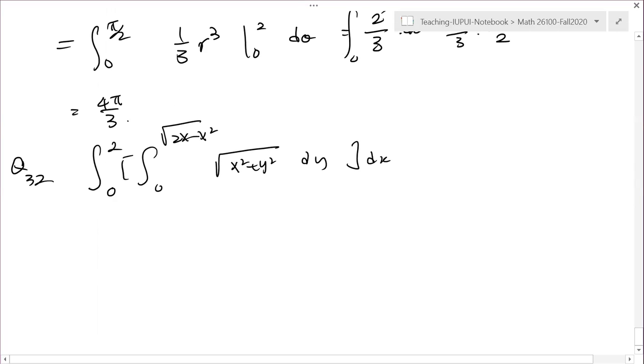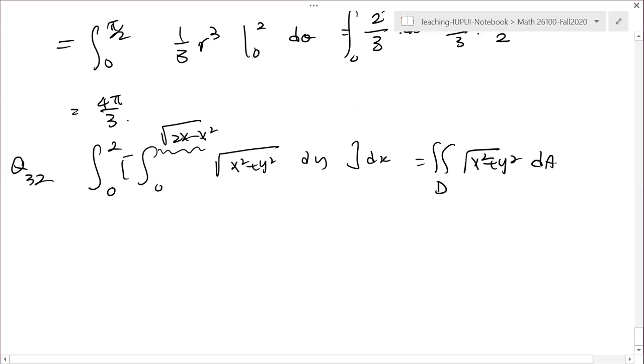For the same reason, we are not able to evaluate this integral directly. It's very complicated, right? The only difference is this part. Okay, I make a slight change. So this will become a double integral of that function.